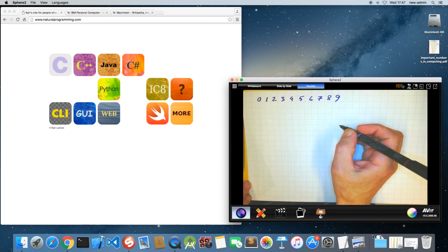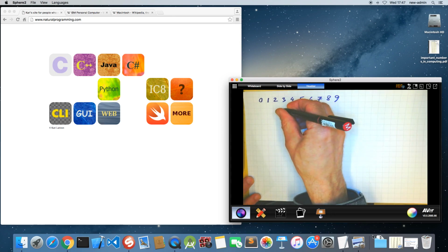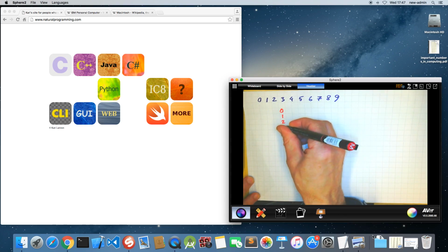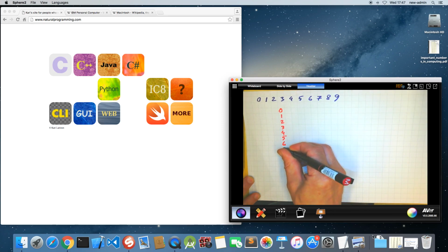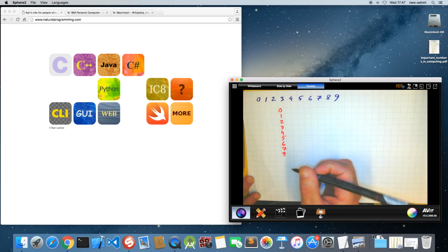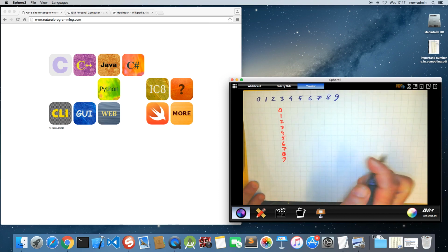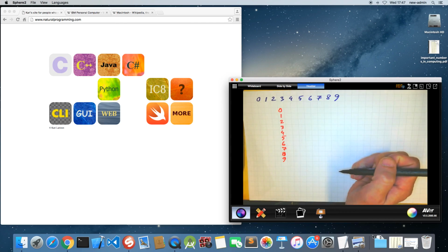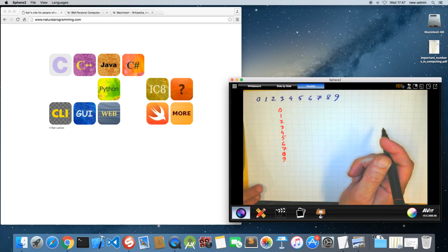If we start counting, we start from 0, 1, 2, 3, 4, 5, 6, 7, 8 and 9. Now we have used all the 10 numerical symbols that are available in our numbering system.